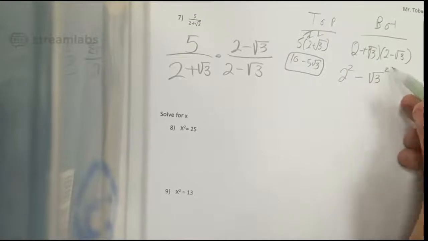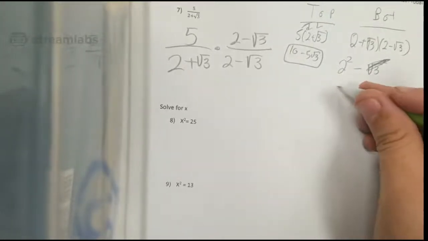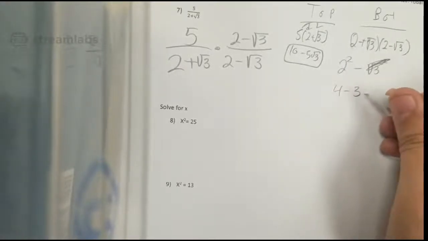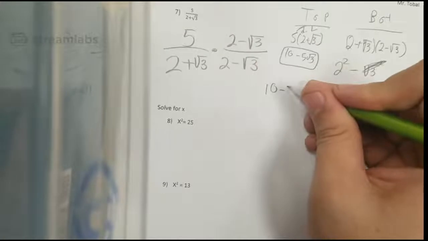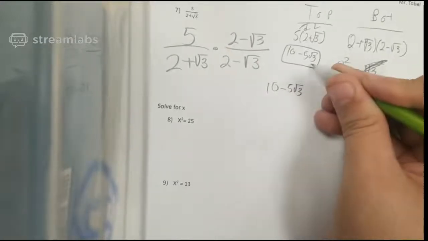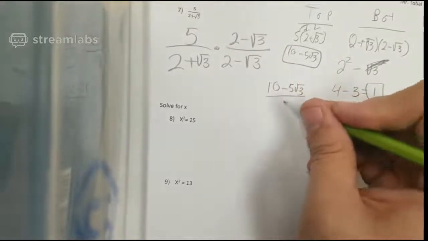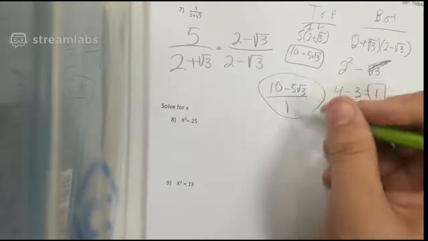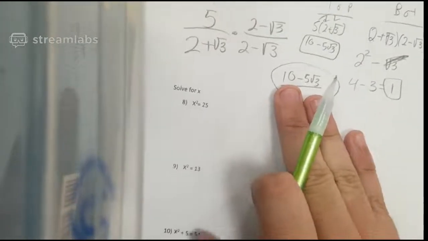Now, the square and root are opposites, so it just becomes 4 minus 3. 4 minus 3 is 1. So your answer is 10 minus 5 root 3 over 1. You don't leave it as a fraction, though. It would just look like this: 10 minus 5 root 3, okay? Because it's over 1, it's just that.